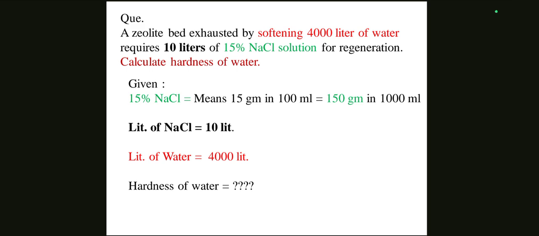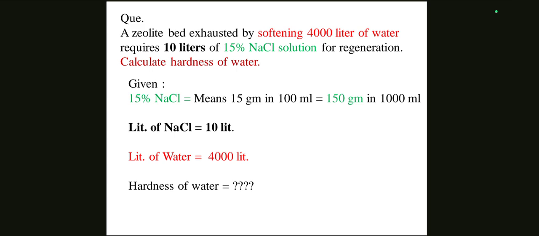Here we used 10 liters of 15% NaCl for regeneration. Dear students, in the zeolite method, in theory, we have seen that we use NaCl for regeneration. So how many liters of NaCl were used for regeneration? 10 liters.